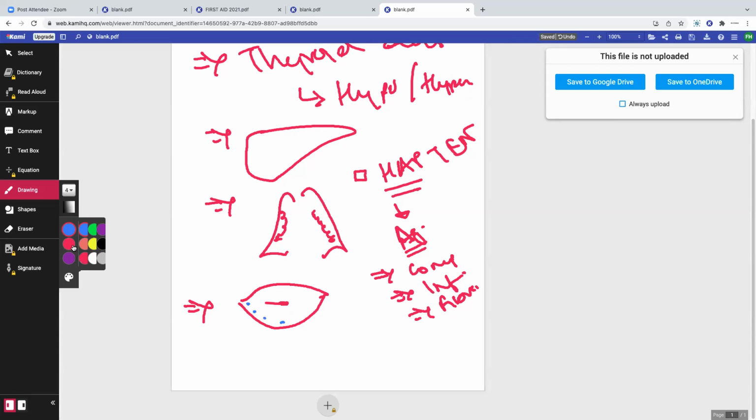And another place where they can get deposited is the skin. In the skin, they can also have blue-gray deposits.